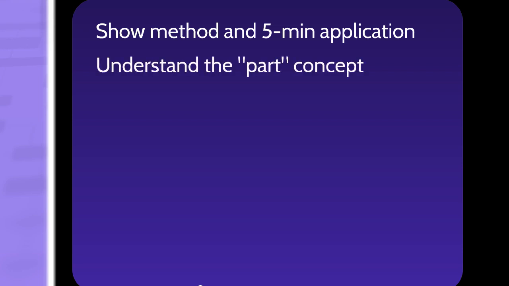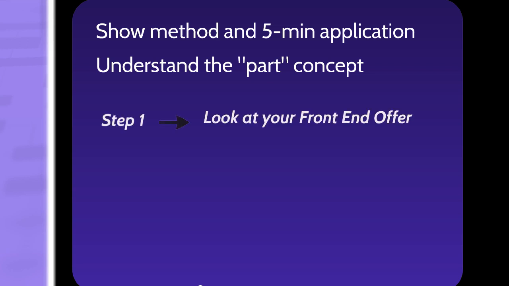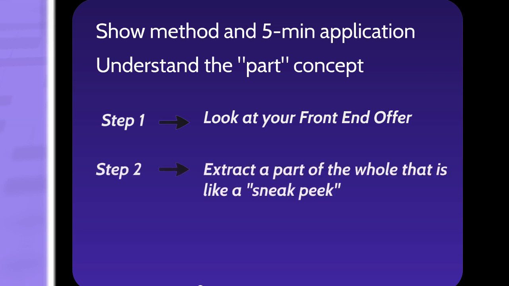All right. So once you understand the part concept, basically what you're trying to do is look at the front end offer. Look at your front end offer, product or service, software, whatever you're trying to sell. What we want to do is take a piece or part of the whole, kind of like a sneak peek.